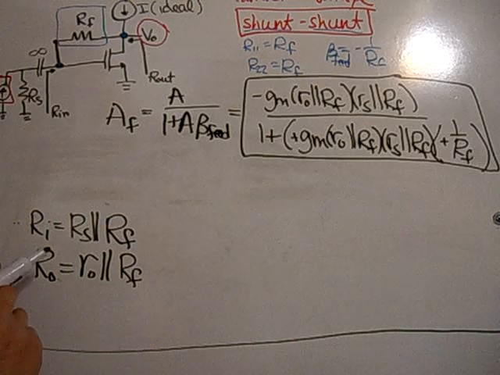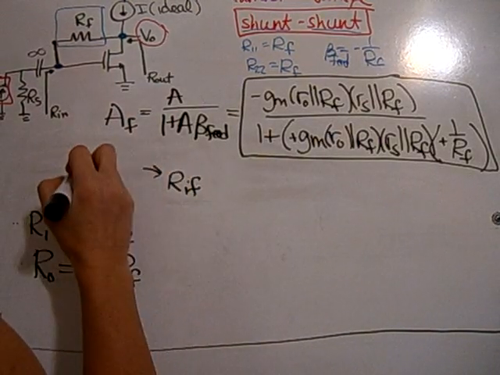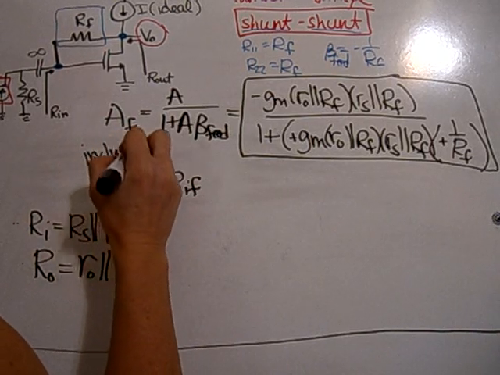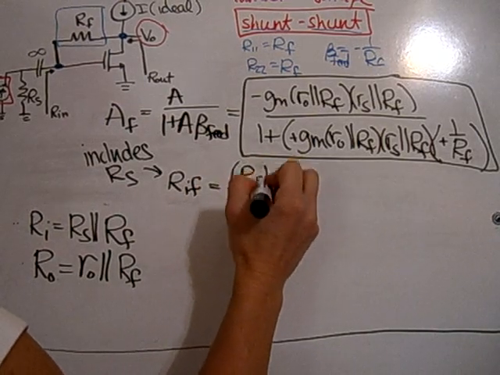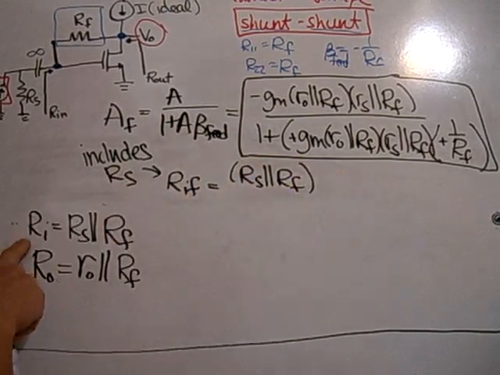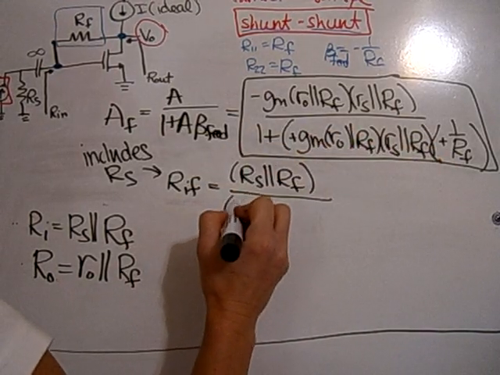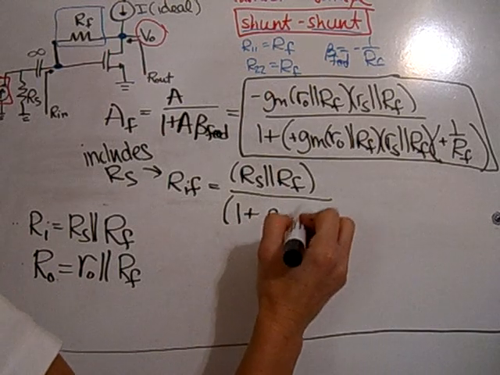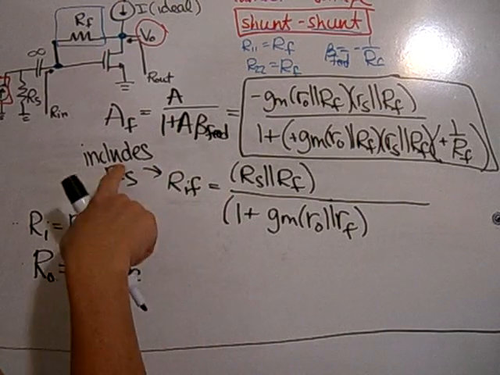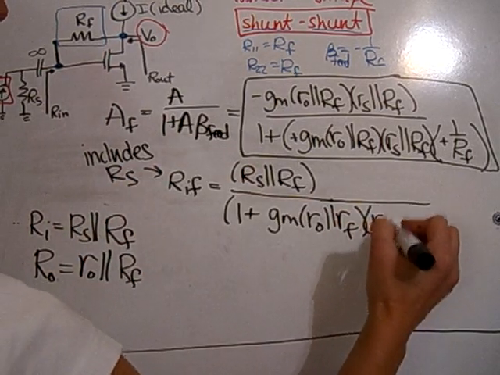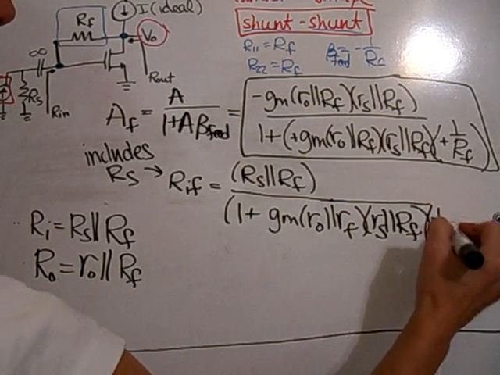Now for RIF, this includes RS. I'm going to divide the RS in parallel with RF, which is my RI value, by the amount of feedback. Now this includes the RS. I do not want to include the RS for my overall feedback value.